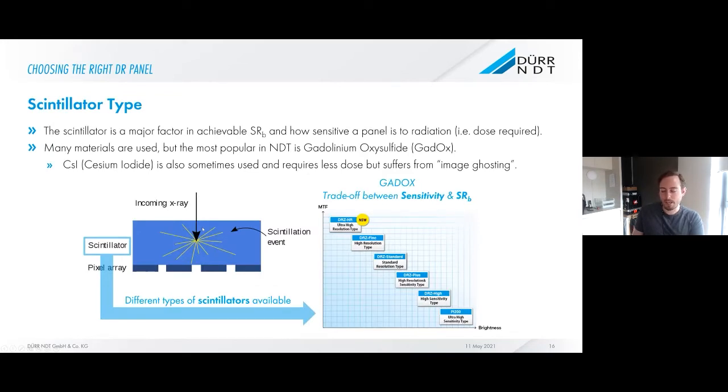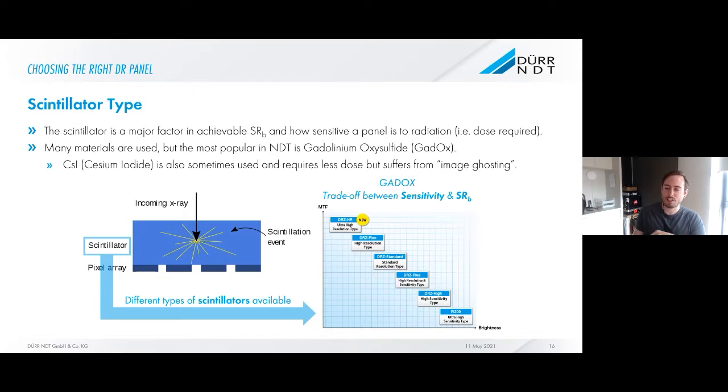Okay, scintillator. I already mentioned that the scintillator is the part which converts the radiation to light, to visible light, I should say. There are different scintillators. In this slide, I've listed the different Gadox scintillators, and there's a trade-off. On this axis, MTF, the high resolution scintillators are less sensitive, so they emit less light.